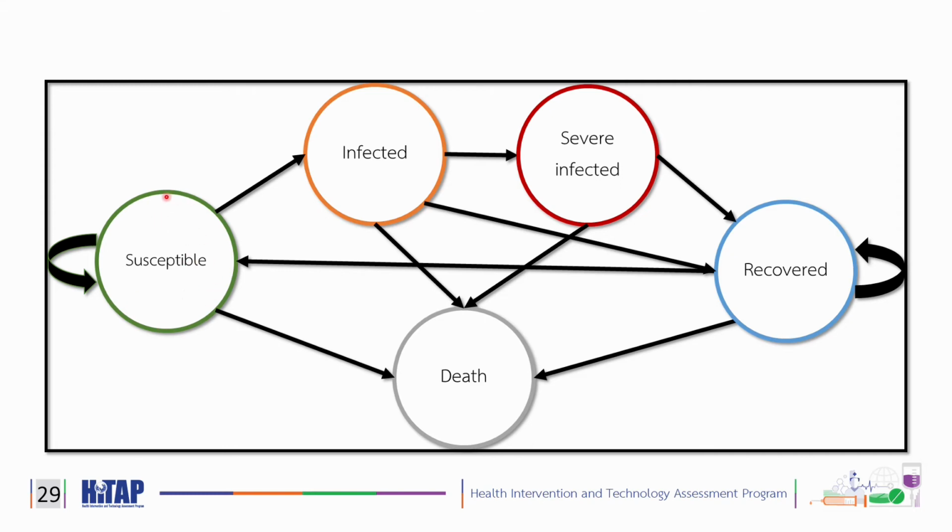The patient could stay in the same state, which is susceptible, or turn into the infected state, severe infected state, maybe recover, or maybe death. Also, we allow patients in the susceptible state, infected state, or severe infected state to die as well. And then a patient in the recovered state can stay in the recovered state or shift back to the susceptible state, just like I have mentioned. This is what our Markov model looks like.